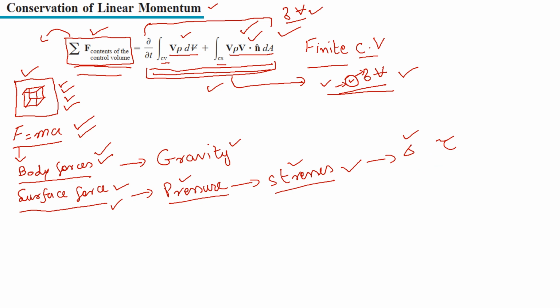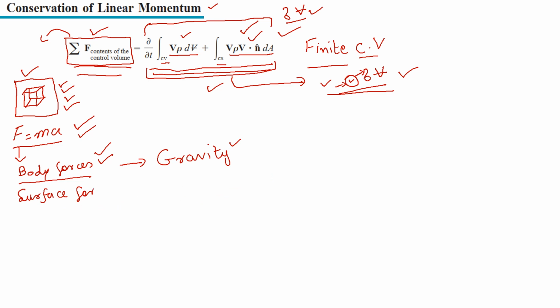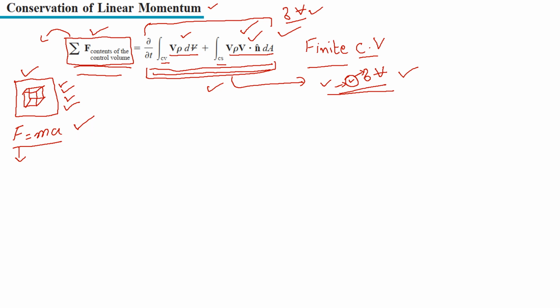So this is what we are going to talk about in this conservation of linear momentum section for our differential analysis, and we are going to write our equation of motion F is equal to ma when we take our forces as body forces, and F is equal to ma when we take our forces as surface forces, and what the stresses will be that are generated in that regard.